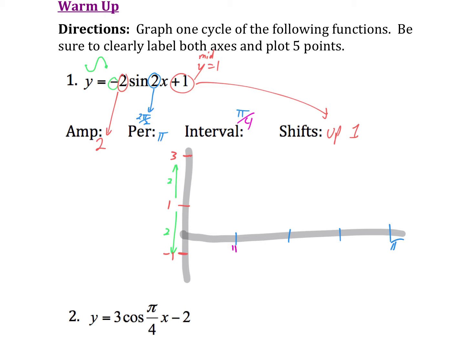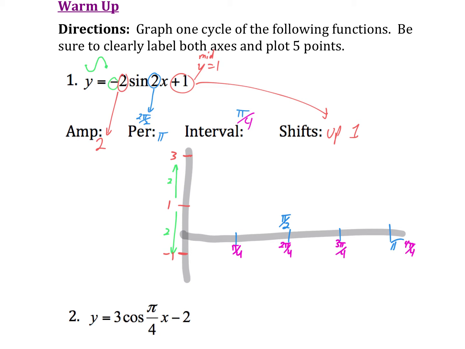This would be 1 pi over 4, 2 pi over 4, 3 pi over 4, and 4 pi over 4. Some of these can simplify. 2 pi over 4 we would call pi halves. 4 pi over 4, those 4s cancel out, and that simplifies to pi.